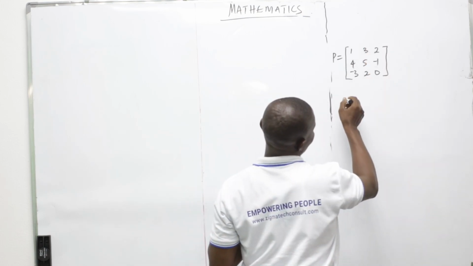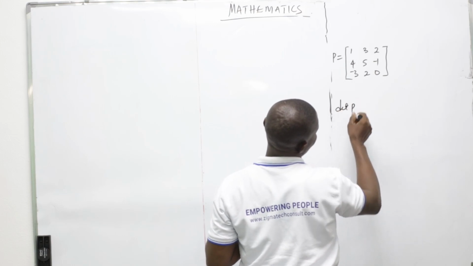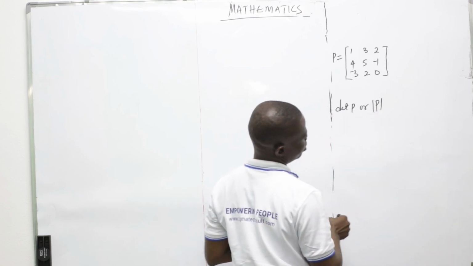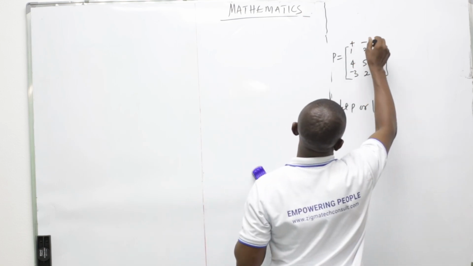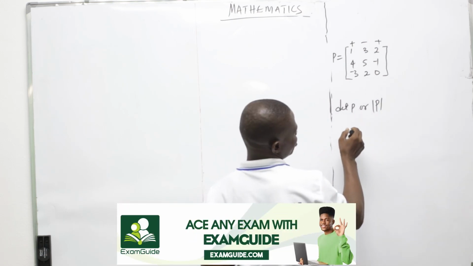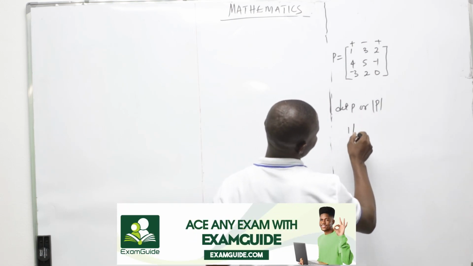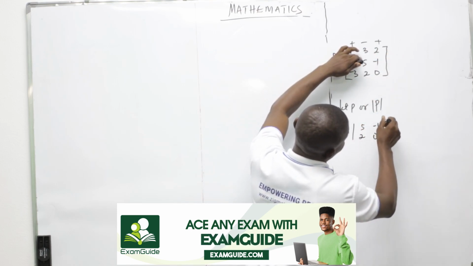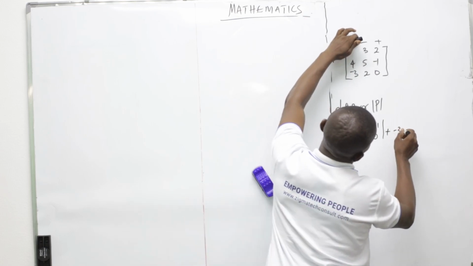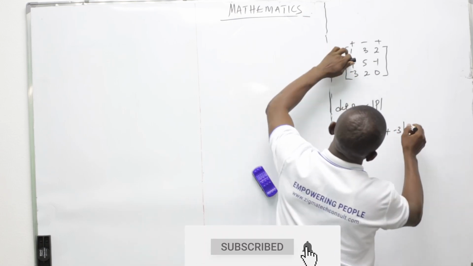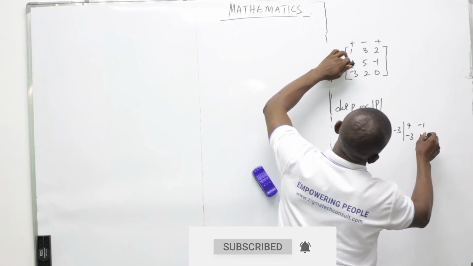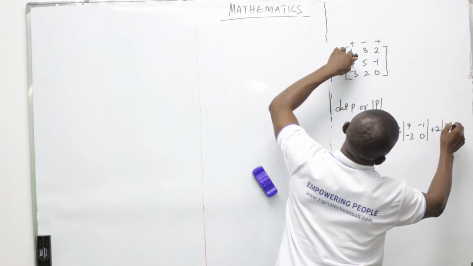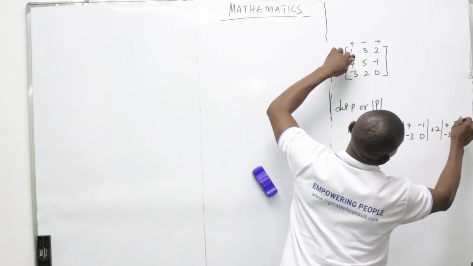Now the determinant, delta P, equals this plus minus plus. The first number is plus 1, which is this, into this 5, 2, minus 1, 0, plus minus 3 into this way, 4 minus 3 minus 1, 0, plus 2 into this way, 4, 5 minus 3, 2.